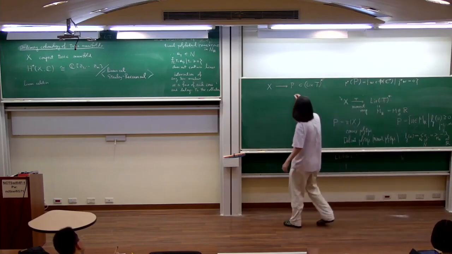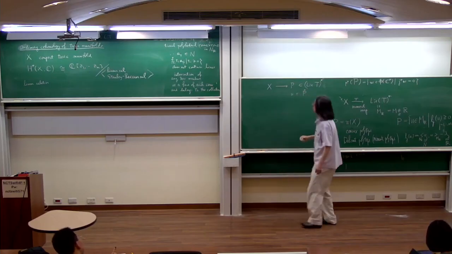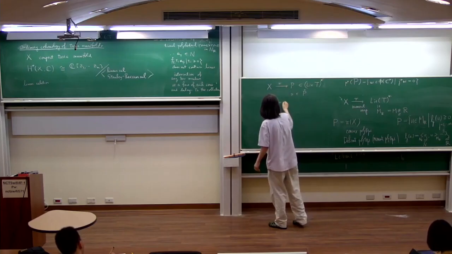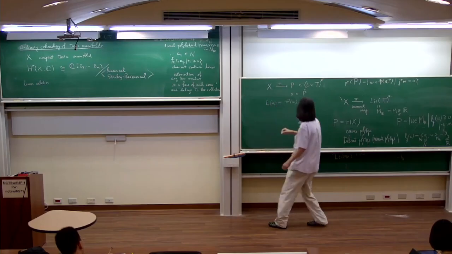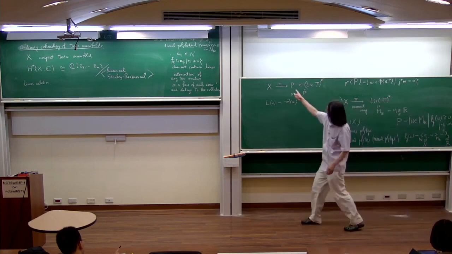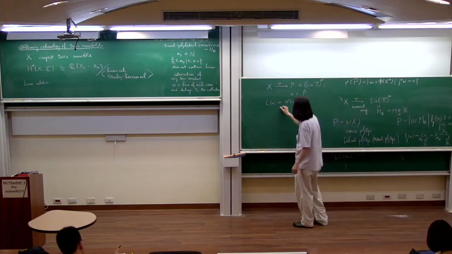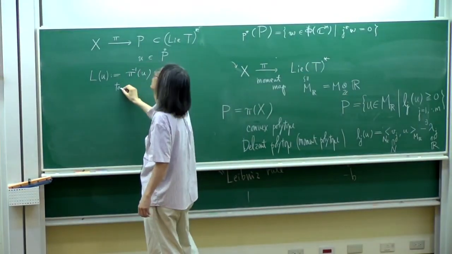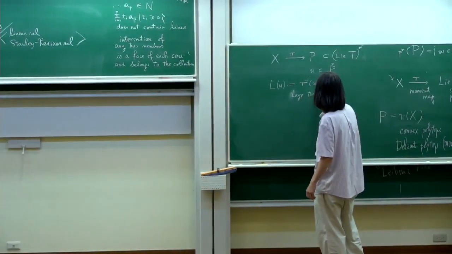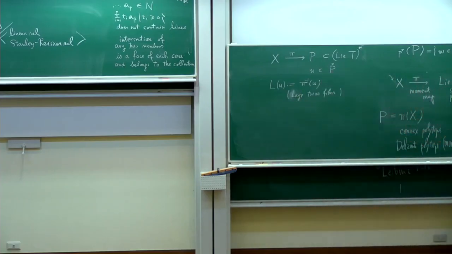And then take a point U from the interior of the polytope, and consider the inverse image of U by this map pi. And this one we call a Lagrangian torus fiber.